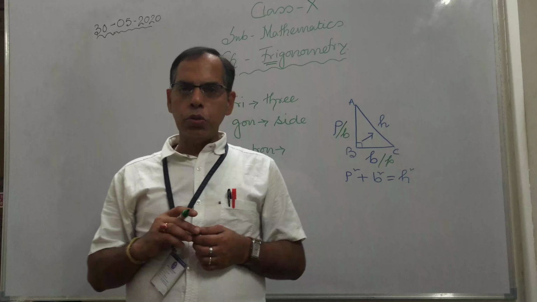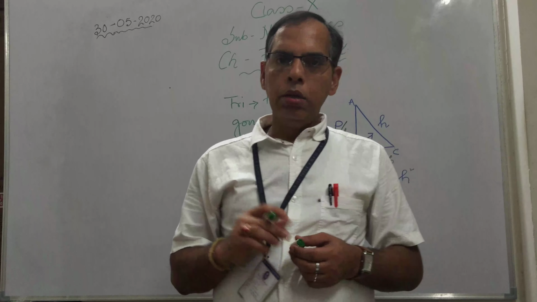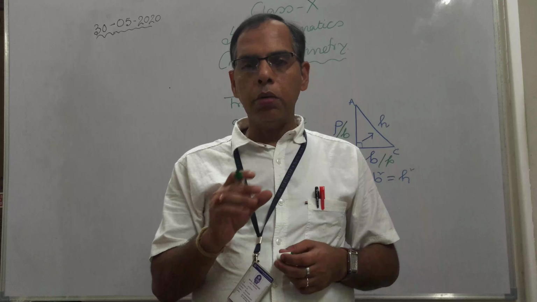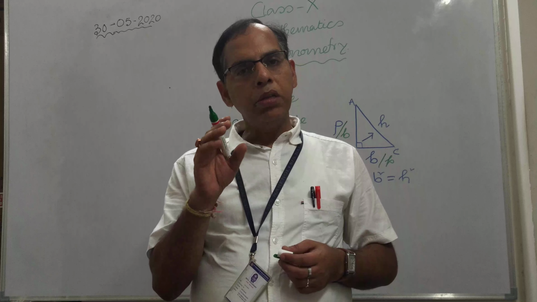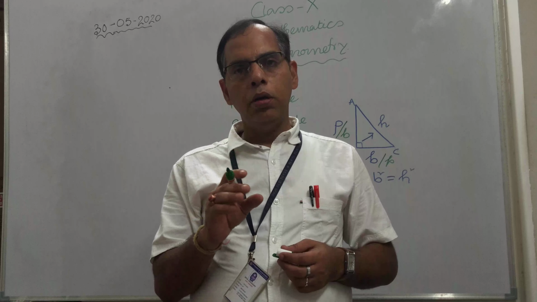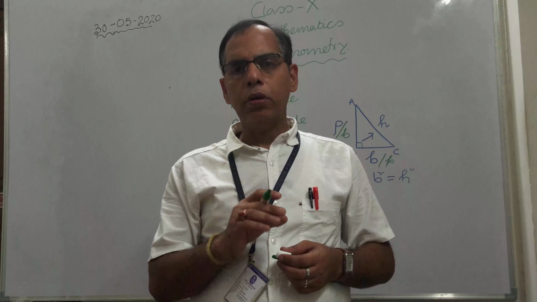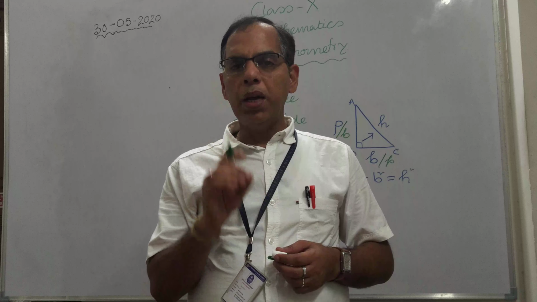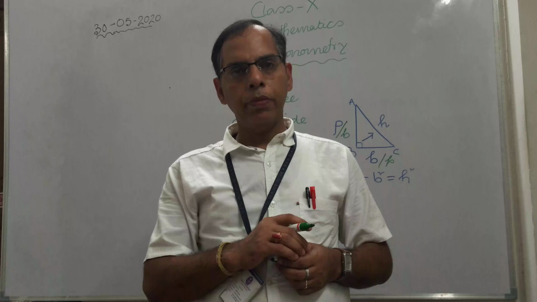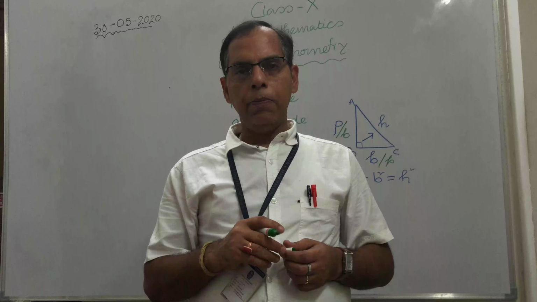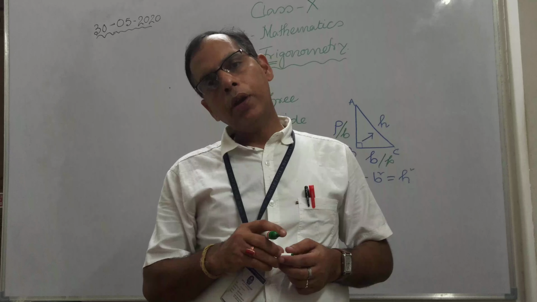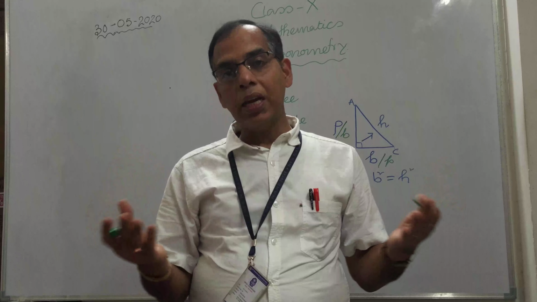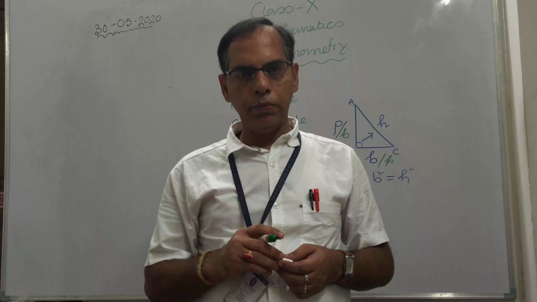So remember, my students, the term trigonometry came from three Greek words. Tri means three, gon means sides, and metron means measurement. So measure of three sides of a triangle. And also you can say measurement of three angles of a triangle, because if three sides are there, three angles will also be there.